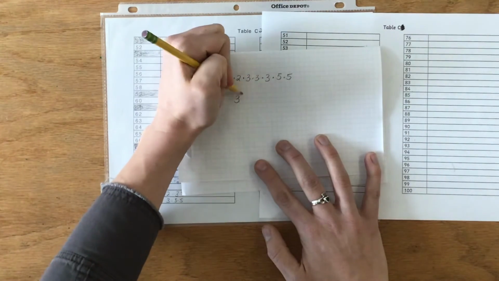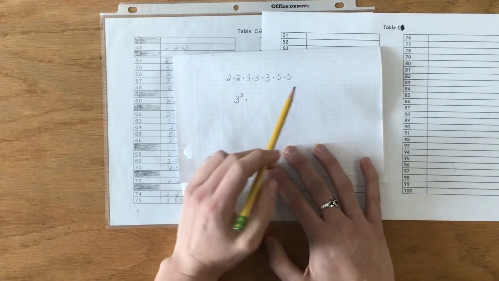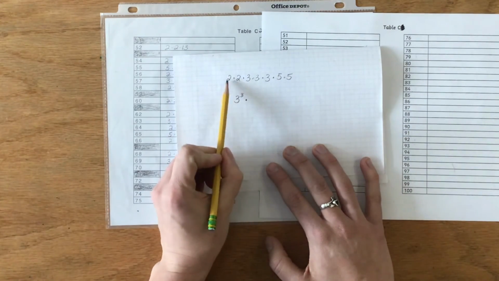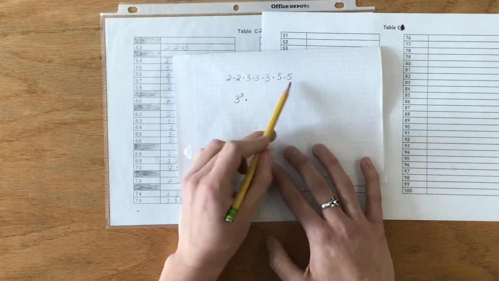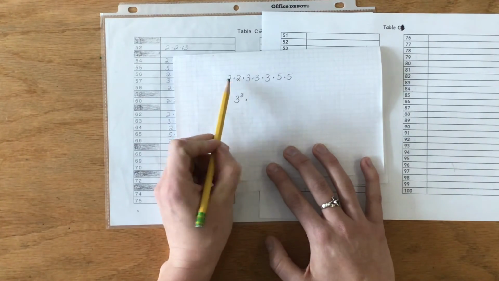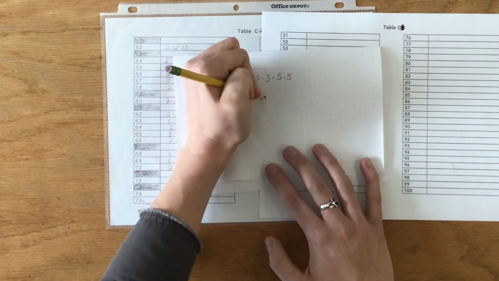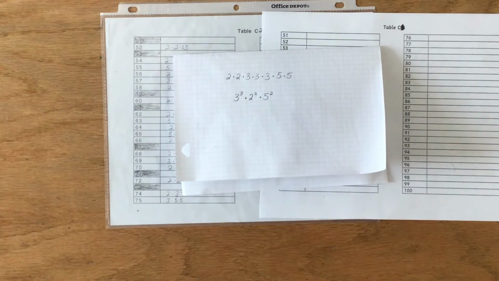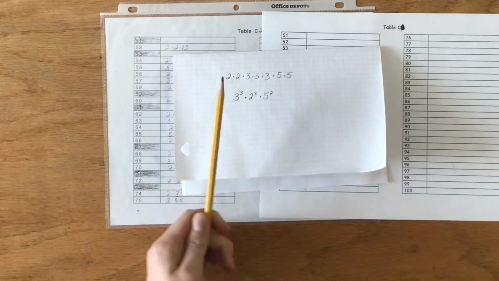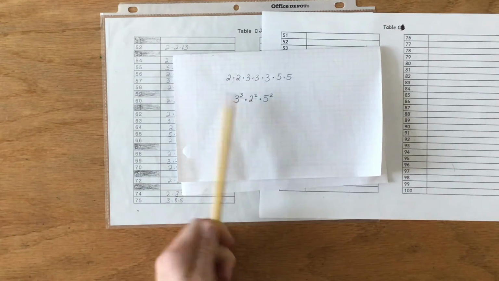So it'd be 3 to the power of 3 times, now we see, okay, well this 2 has 2 of them, this 5 has 2 of them. So we can just go left to right here, starting with our smaller number. So this would be 2 to the power of 2 times 5 to the power of 2. Okay, so again, I'm writing this to clarify that you put your highest exponent number first.